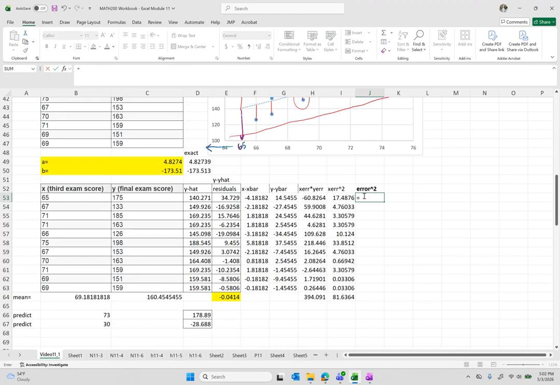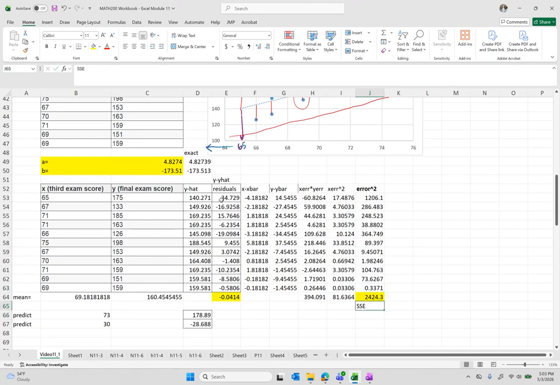So equals this residual squared, and then I will just copy this, and then here I will copy the sum formula, and that will give me the SSE. That's the sum of the squared errors.